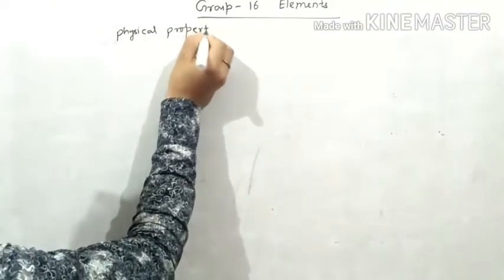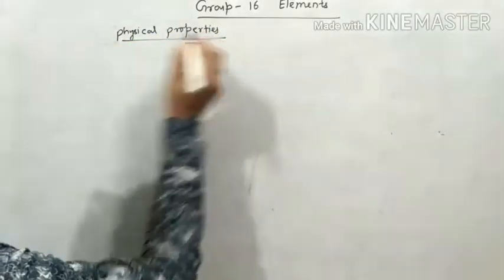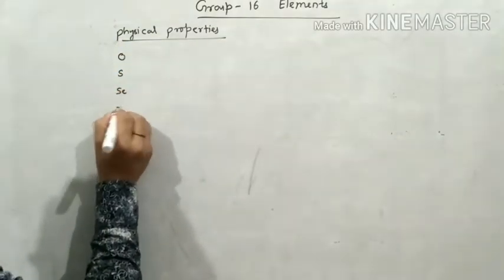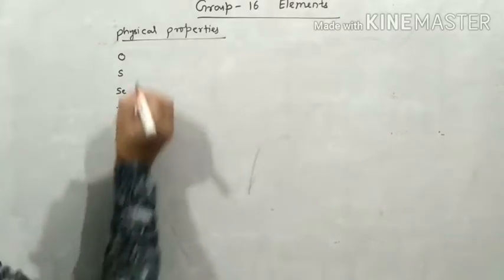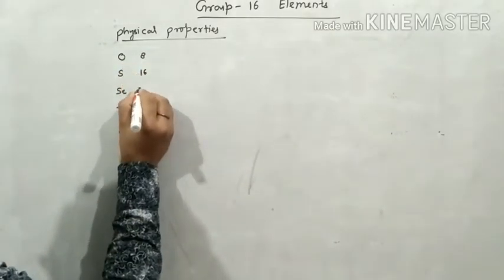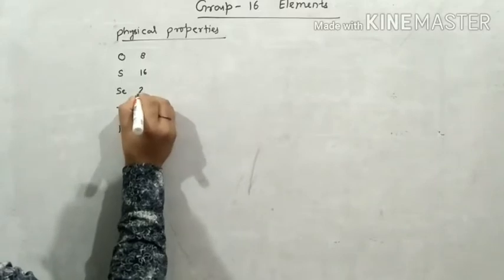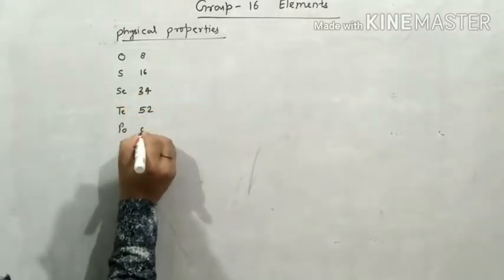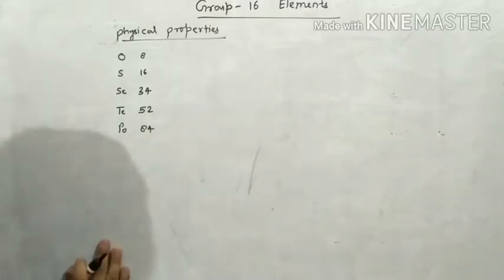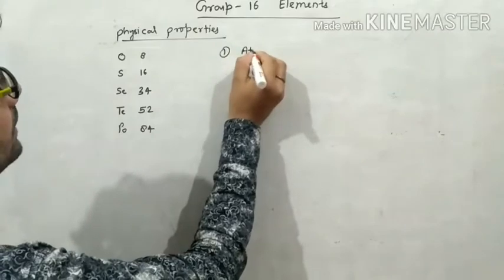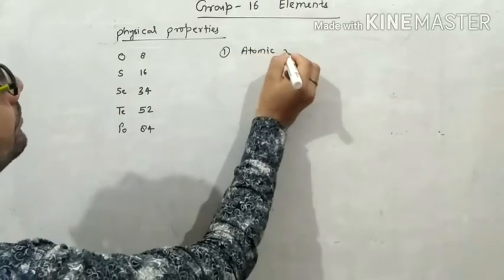Oxygen, sulfur, selenium, tellurium and polonium have atomic numbers 8, 16, 34, 52 and 84. The first property is atomic radii.